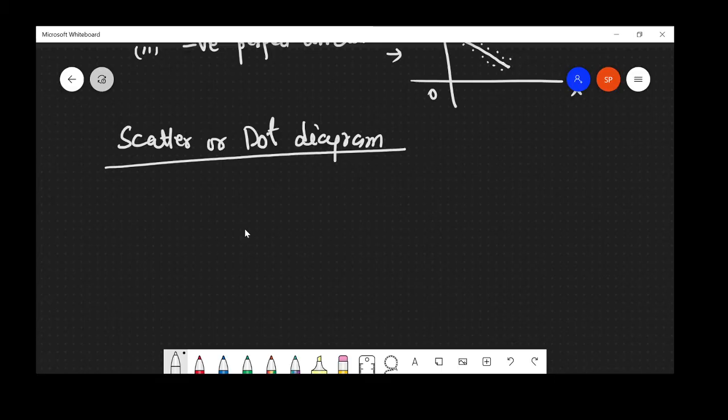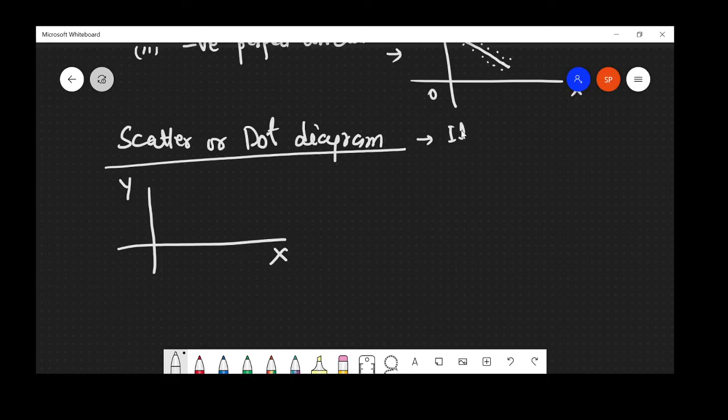When we plot the corresponding values of the two variables, taking one variable on the x-axis and the other variable on the y-axis, it shows a collection of dots. This collection of dots is called a dot diagram or a scatter diagram.